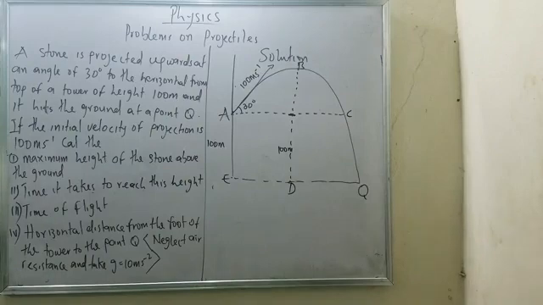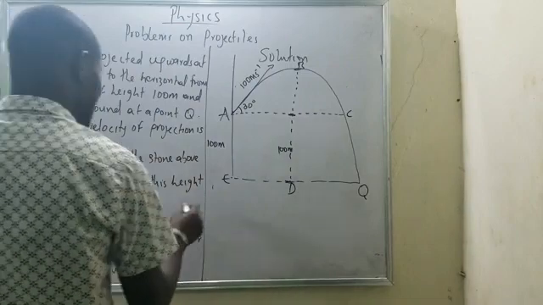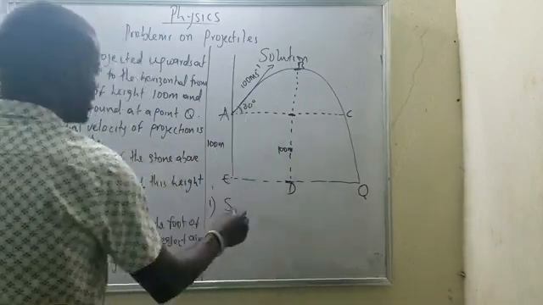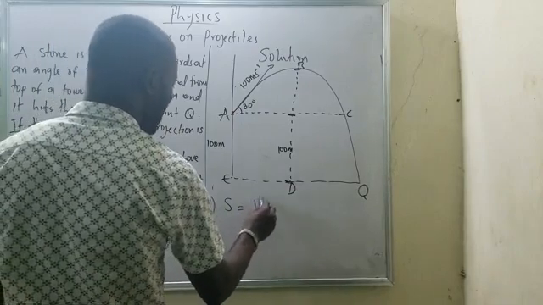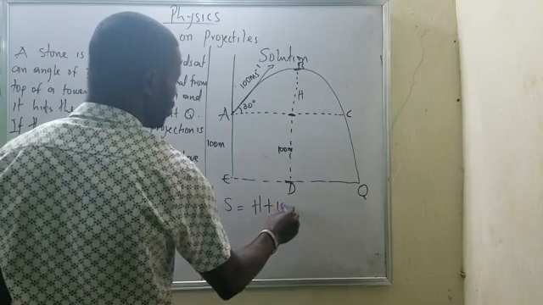The first thing I want to find is the maximum height of the stone above the ground. It means I'm looking for from here to here. Let me put it as my x equals my height, which I call h, plus 100.